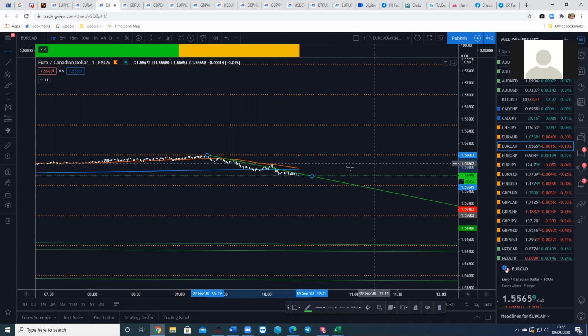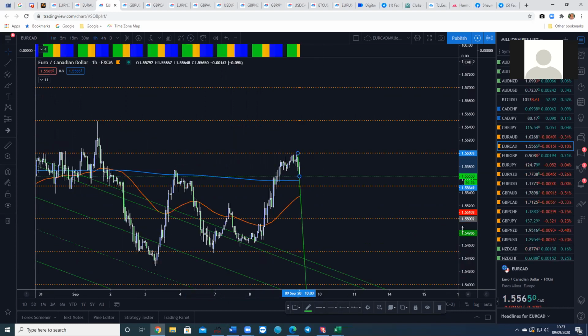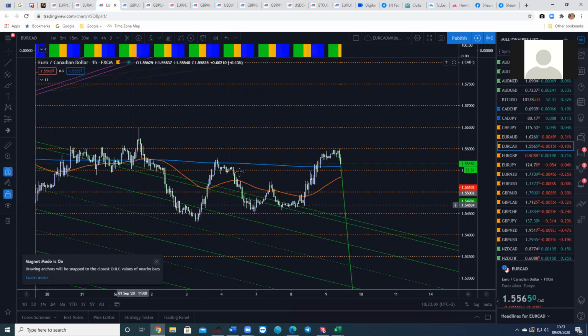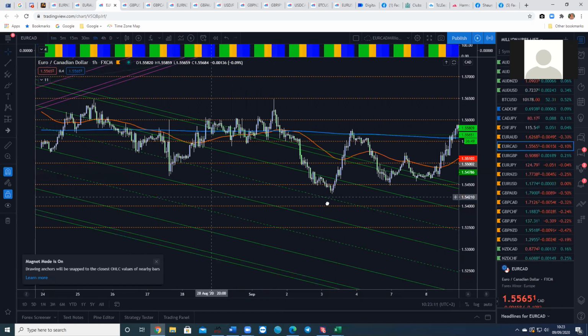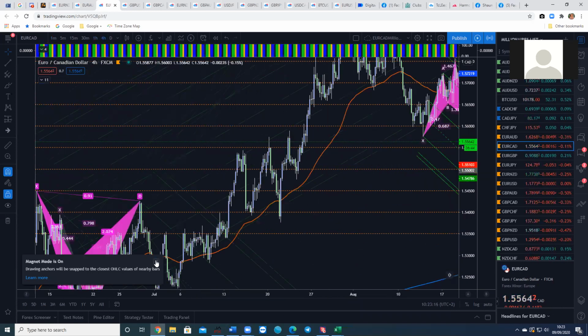So we haven't got anything for Euro CAD unless I can do a, oops, need to put the magnet on, otherwise you can get things glitching on you. I don't think I've got anything where I can draw a second pitchfork that will pick it up at the moment.